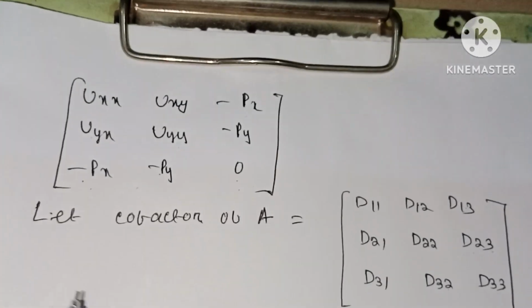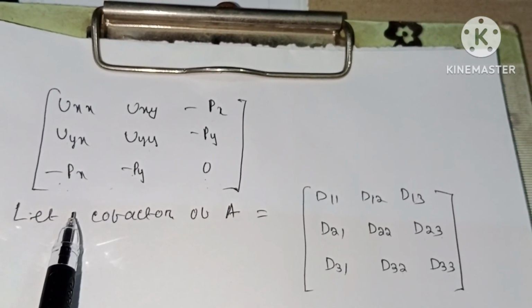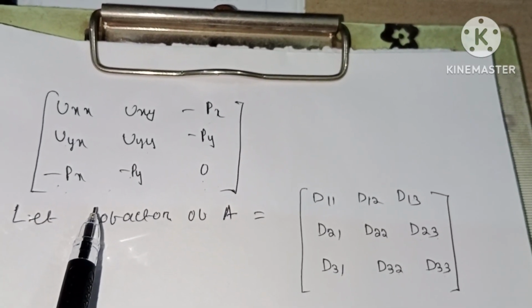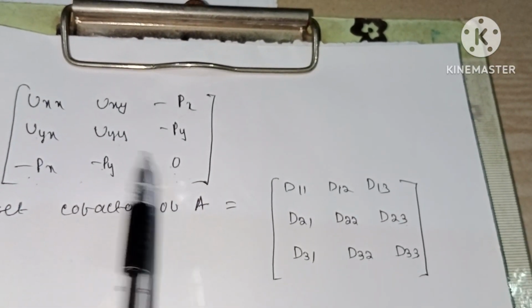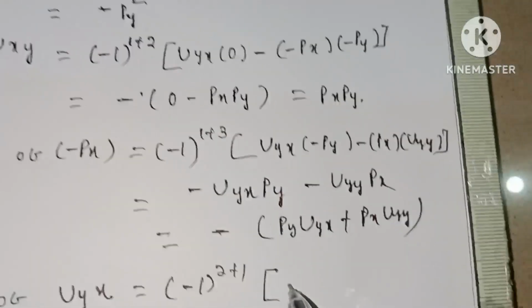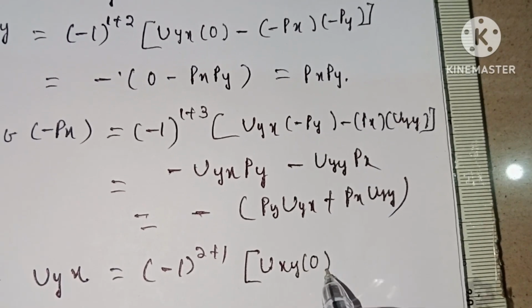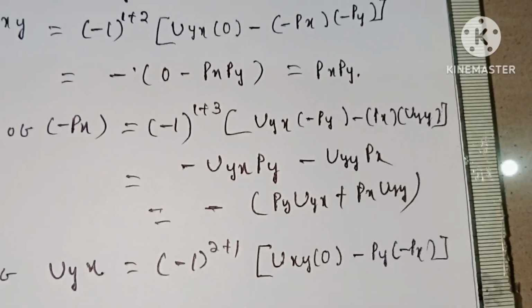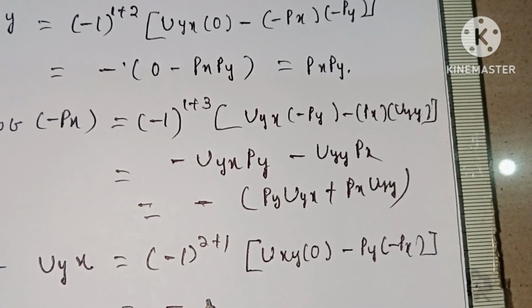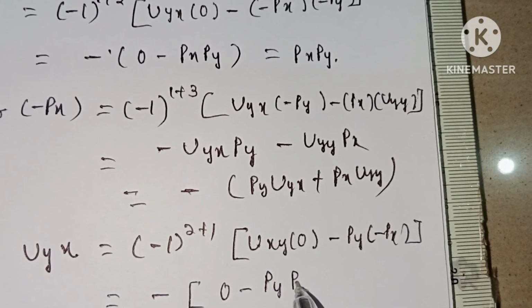We are calculating the cofactor of this, so this row and this column are deleted. So minus 1 to the power 2 plus 1 multiplied by uxy into 0 minus py into minus px. So this equals uxy multiplied by 0 minus py minus px. So this equals minus 0 minus py px.